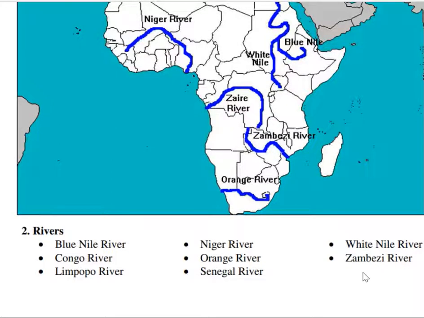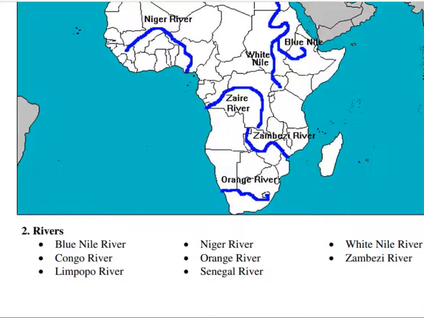Zambezi, the White Nile, the Orange, you can see them here. There's the Zambezi, there's the Zaire. Actually, the Zaire wasn't on there. The Blue Nile, you'll see the Blue Nile, the White Nile, etc. The Congo River and the Limpopo River are the only 2 that are missing. And I'll talk about that in a bit.